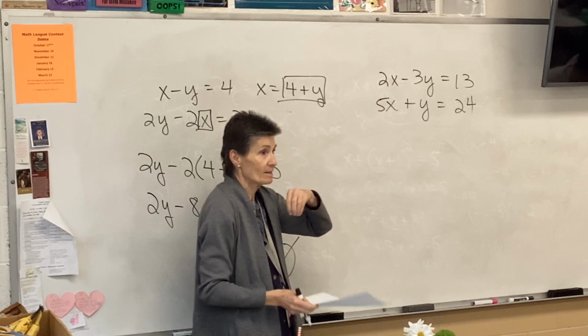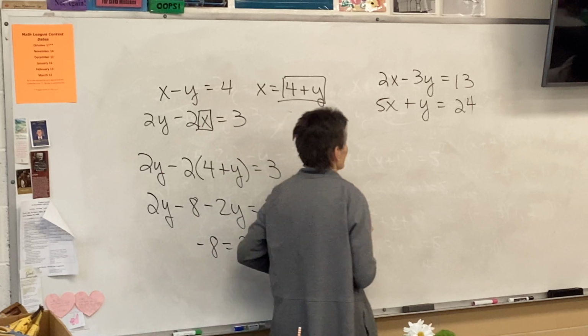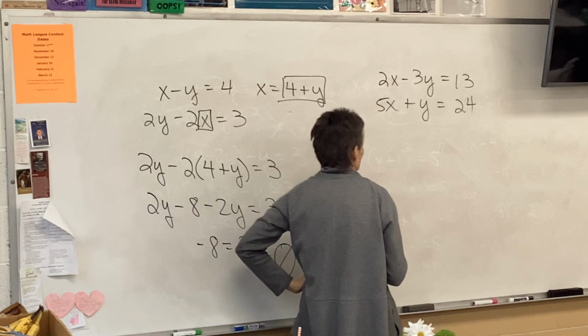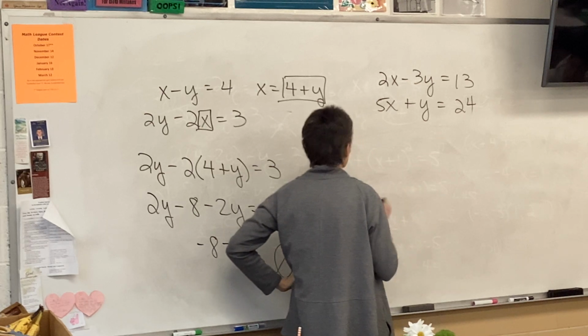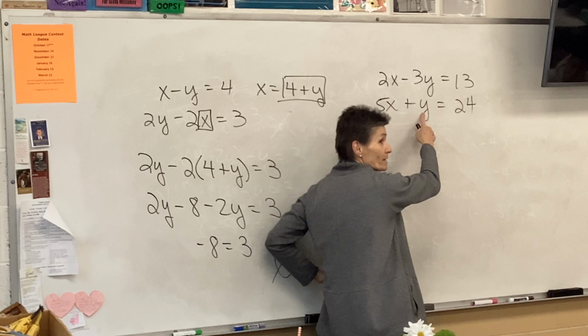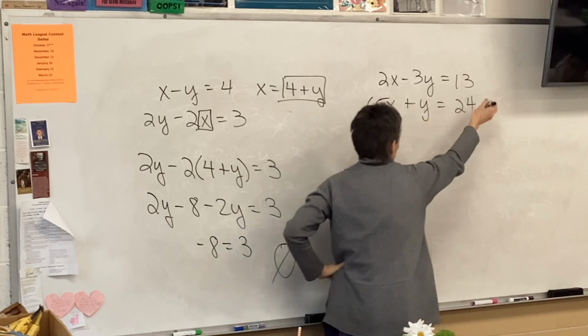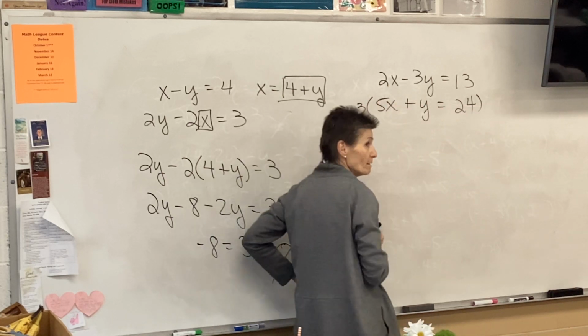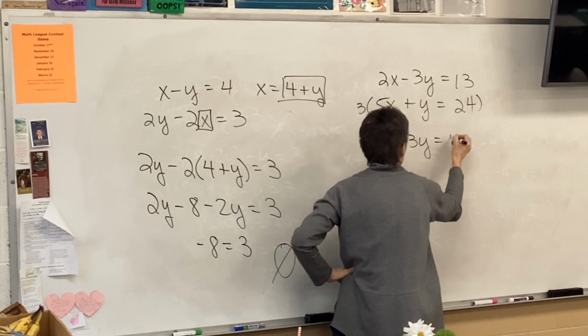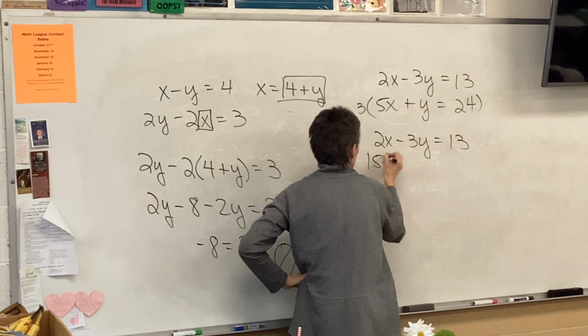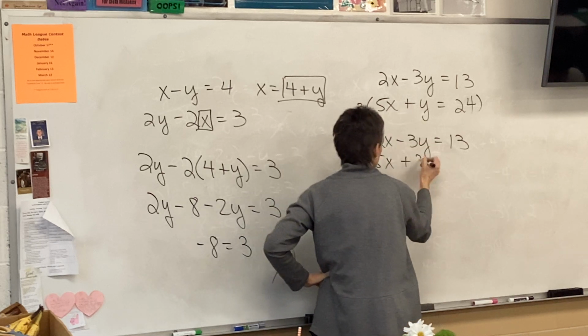What is that, Daryl? You have to get one of the variables to be the same thing so they can cancel out. Exactly, one positive and one negative, but the same thing. So again, it might be easier to focus right here and multiply this equation by 3, because that will make this a positive 3y.